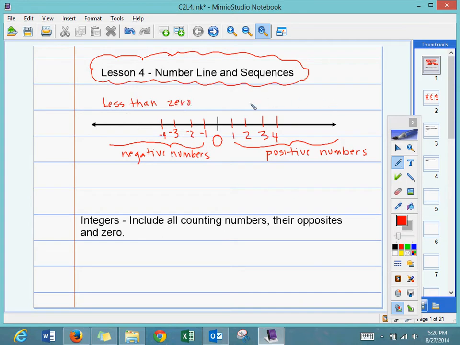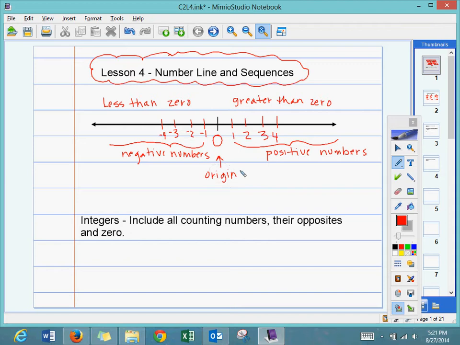And on the right side, these are numbers that are greater than 0. Everything is centered around that 0. 0 is right there in the middle, and we can also call that the origin.